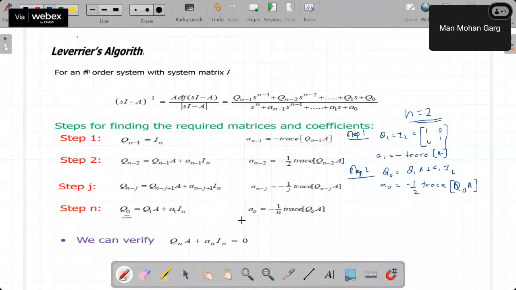If you got it, then we can easily verify this Q naught A plus A naught IN. If you verify and you find this to be 0, then we can say this is correct only. So this is for second order, it's easy to get anyway by both the ways, but for higher orders, I personally have used my PhD for these things, and this algorithm is very much helpful when you go for fourth order and so on.